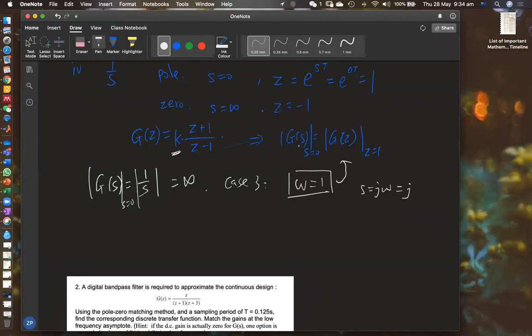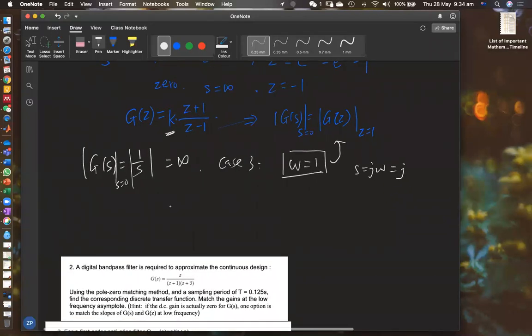And we want to match the gain between these two. In this case, G(s), when s equal to j omega with omega equal to 1, is 1 over j, whose magnitude is 1.